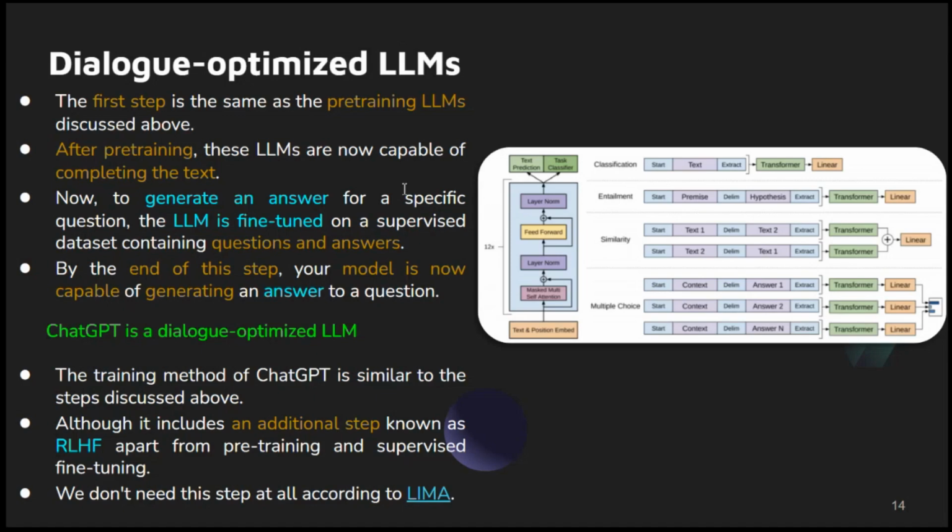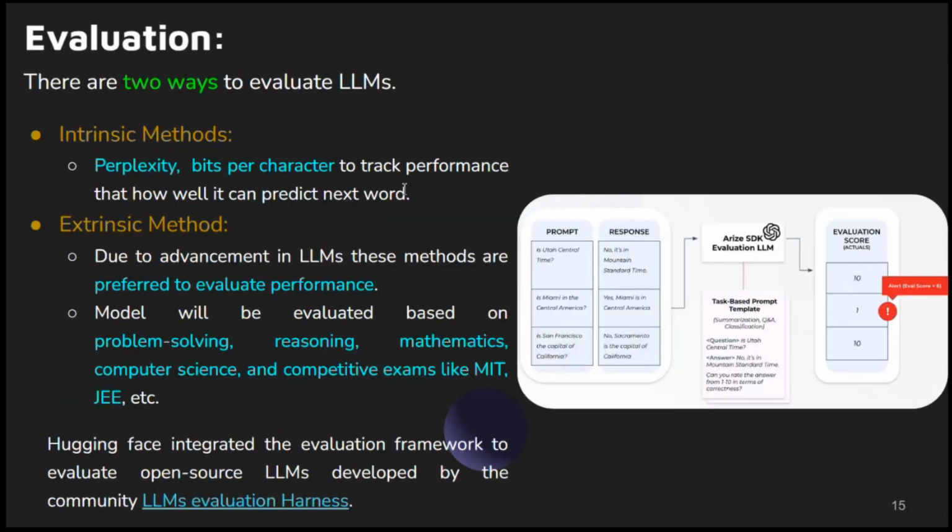Now it's time to put your large language models to the test. There are two different ways we assess them: the intrinsic method and the extrinsic method. The intrinsic method works on the basis of perplexity, checking how well your large language model predicts the next word.